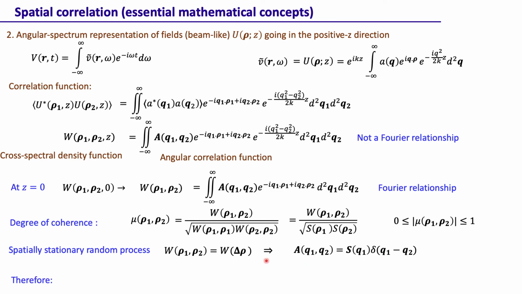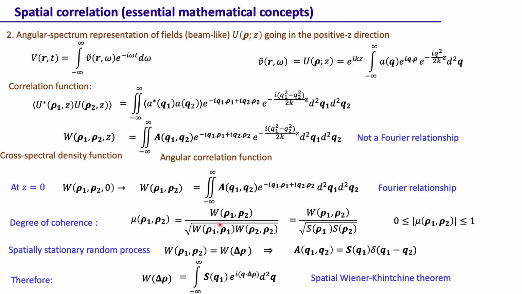Okay, so now if this process is spatially stationary, then this is a condition on the cross spectral density function, and that constrains A(Q1, Q2) to have this form. If A(Q1, Q2) has this form, then this equation we can write as W(delta rho), and this side just becomes a two-dimensional integral of S(Q) e to the i Q dot delta rho d2Q, and this is called the spatial Wiener-Khintchine theorem.